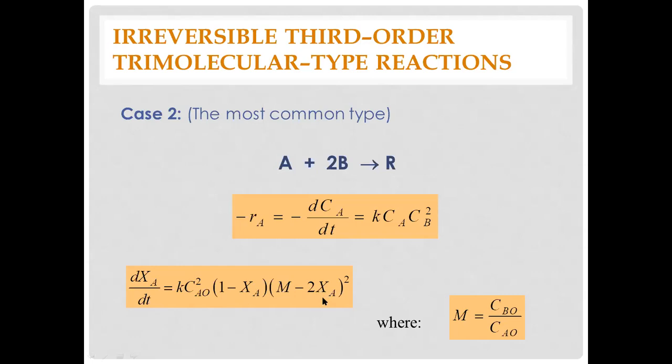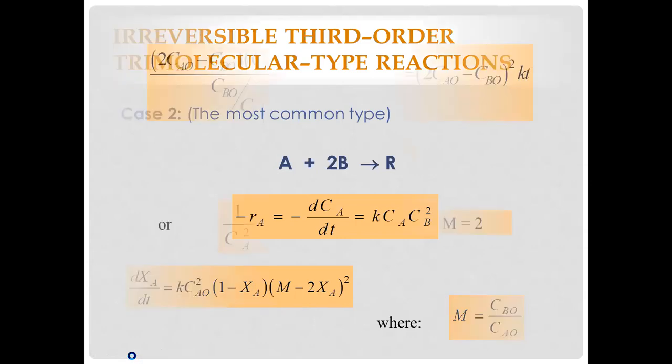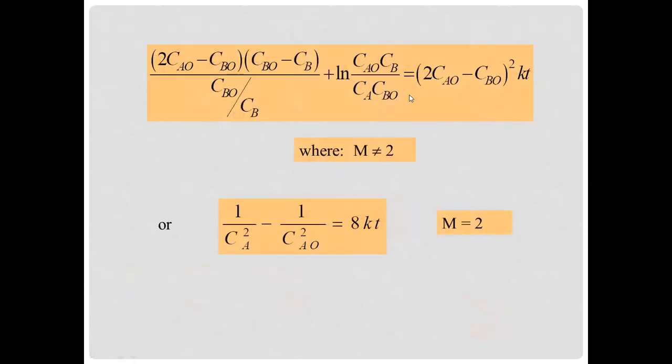the way we did it with the Marshall thing of deriving the case 2 a while ago, in which I asked you, a lot of you, questions on how to go about it. So you do again separation of variables and method of partial fractions. M is still CbO over CaO, and you will come up with this formula.